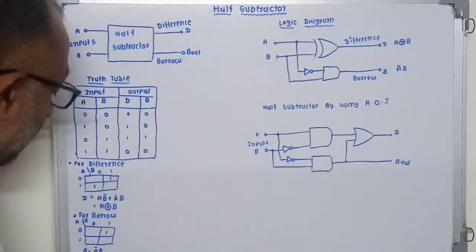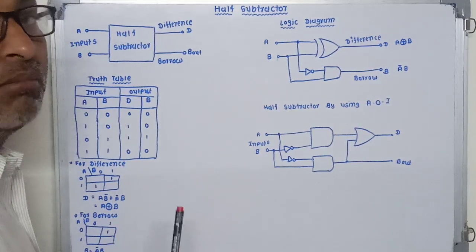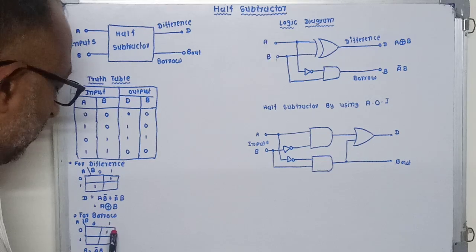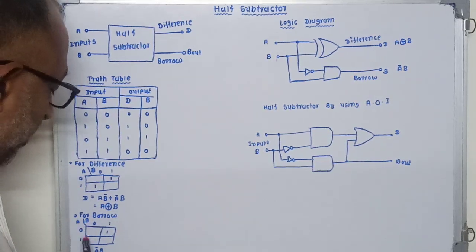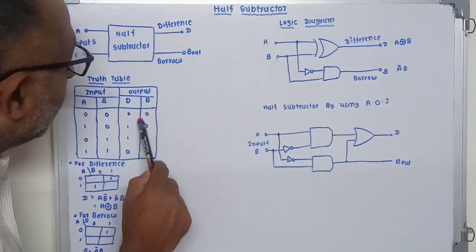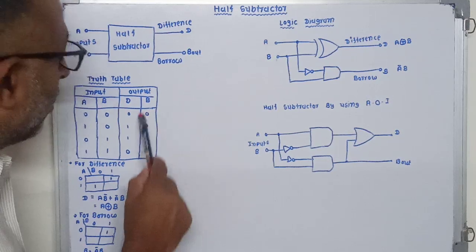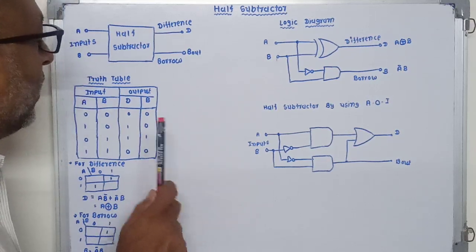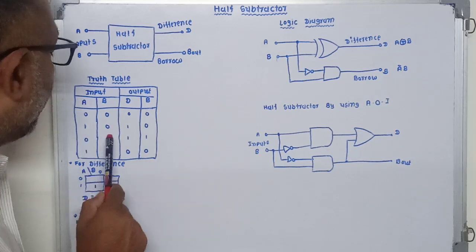Similarly, we can find the borrow operation by using a K-map. So here I am taking one K-map. It has two inputs, A and B. Now you can see the borrow column. In this column, only one 1 is available, when A is 0 and B is 1.